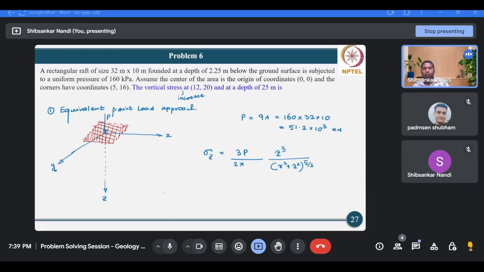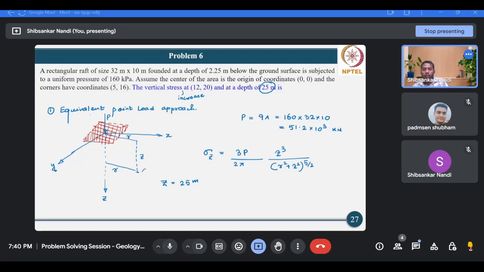Now what is the z value? P already we have calculated. Z is basically 25 meter. So this is z, and we have to calculate at a point, so this is basically your z, and this is r.